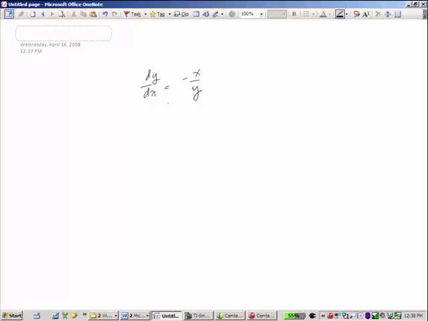To use the strategy separation of variables, the important thing is to get all of your y's and dy's on one side and all of your x's and dx's on the other side. So it's really to group like variables. So how could I start by doing that? Negative x times dx equals.